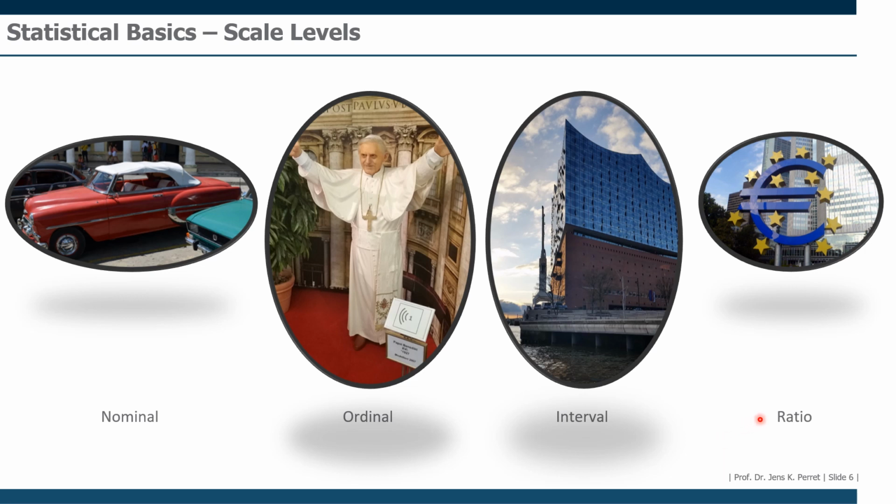We're doing this because for some statistics, we just need them to be either interval or ratio scaled. So that's why it's called metric. So we just say, well, one type of statistic works for nominal, one type of statistic works for ordinal data, and one type only for metric data. For example, the arithmetic mean, the average, only works for metric data.